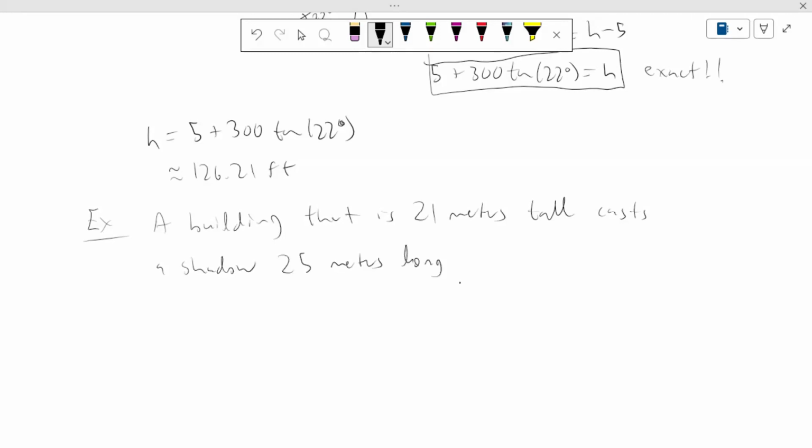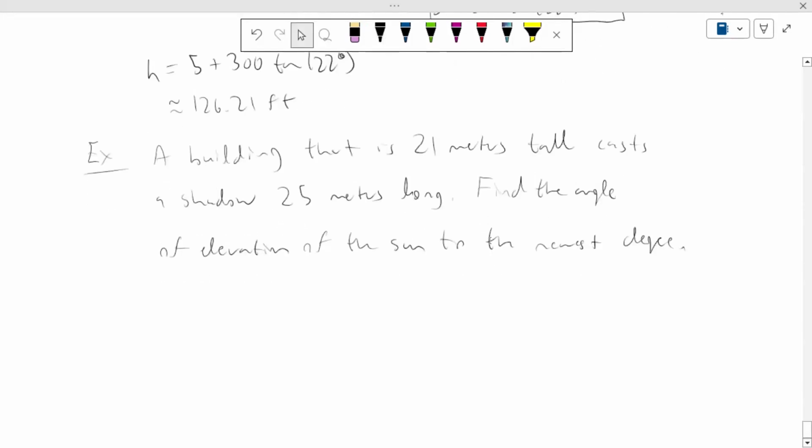Okay, so a 25-meter long shadow. Find the angle of elevation of the sun to the nearest degree. To the nearest degree. Okay.